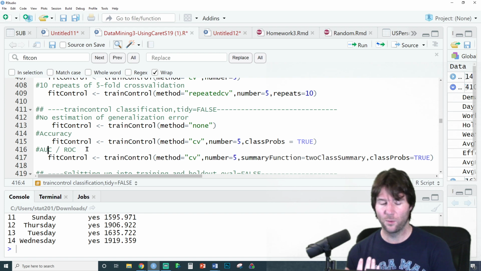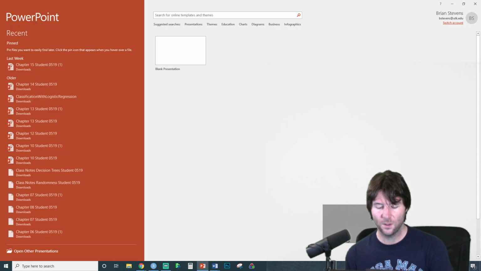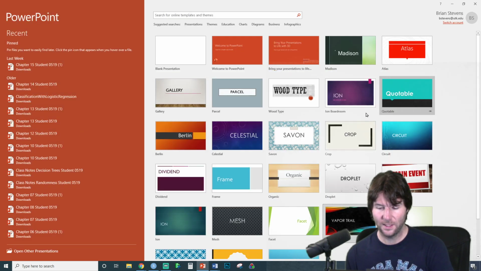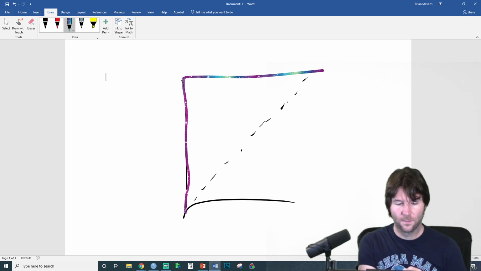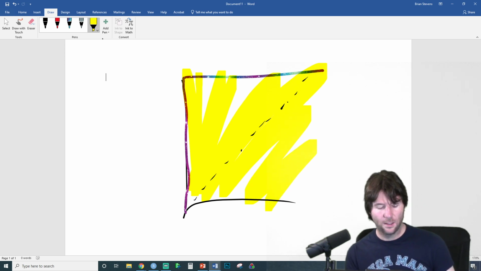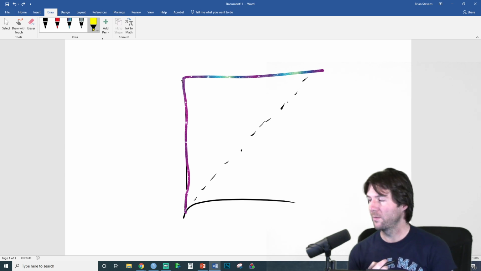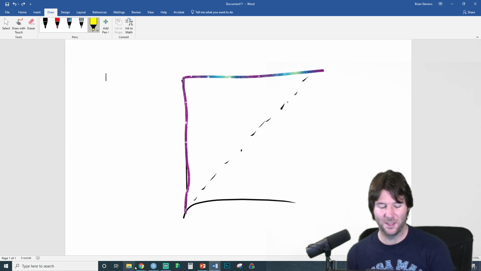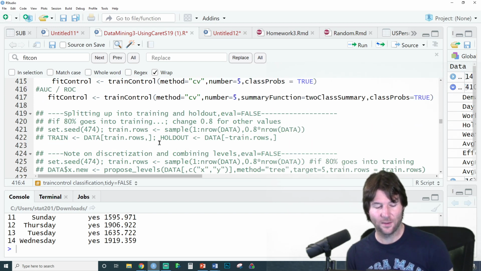They are almost interchangeable words, because AUC literally stands for the area under the curve, and the curve itself is the ROC, the receiver operator curve, and the AUC is the area underneath the receiver operator curve. Same thing, different words. So once again, make sure you're doing the right stuff.